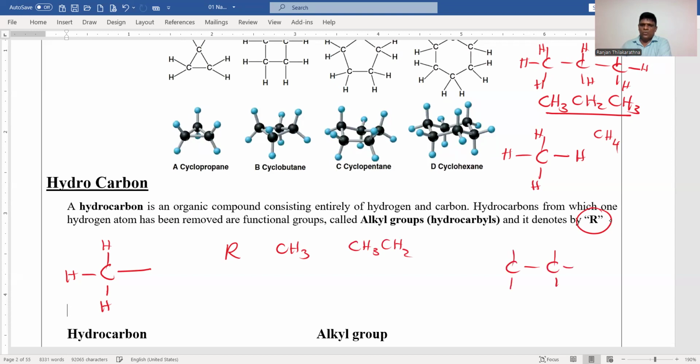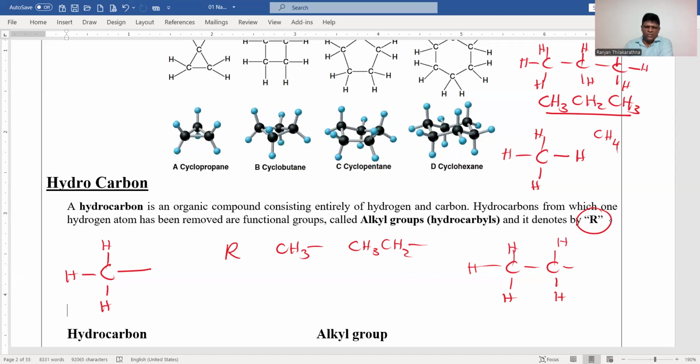Normally, carbon forms 4 bonds. If carbon does not complete its 4 bonds, then you can complete that by adding extra hydrogen. If you remove this hydrogen atom, then this part is also known as an alkyl group, written as CH3CH2. If you have any number of carbon atoms in the compound, you can remove any hydrogen atom, but basically we remove from the terminal atom.